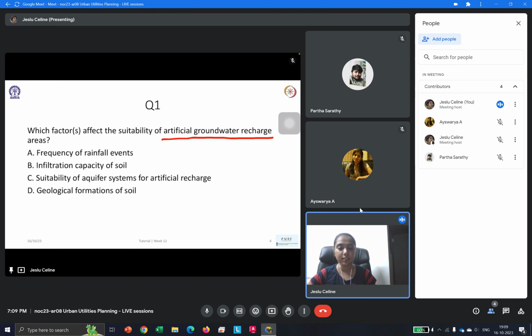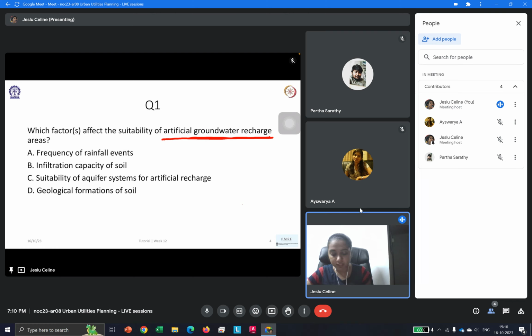Yes, Partha, do you want to take this question up? Actually, it won't affect, I guess, rainfall events. Frequency, okay. So we are talking about artificial groundwater recharge.